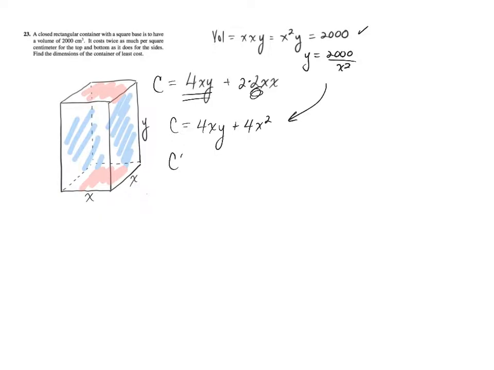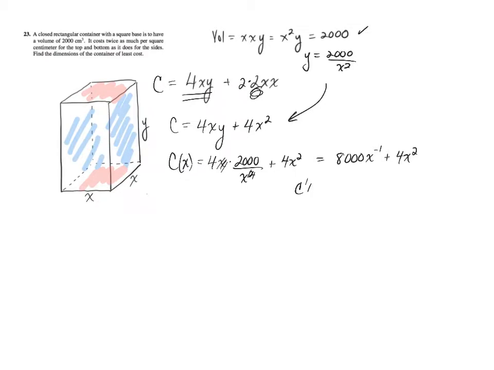So the cost as a function of x is going to be 4x times 2,000 over x squared plus 4x squared. Simplifying that, we're going to have 8,000. This factor of x will cancel with one of these, and that's going to leave us with 8,000 over x, which I'm going to write as 8,000x to the negative 1 plus 4x squared. And that's a nice clean function that we can use to take the derivative of.